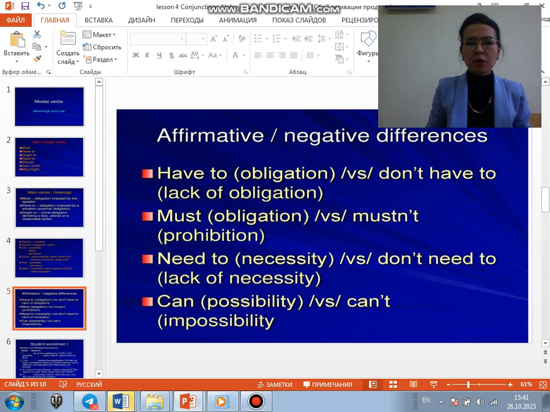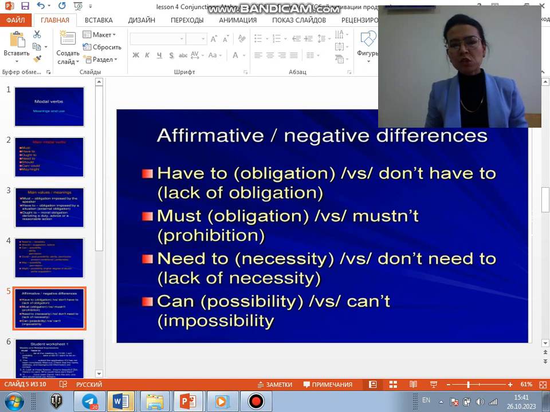You can see the modal verb must. It has an obligation meaning in positive, I mean affirmative, sentences, and a prohibition meaning in negative sentences, for example, mustn't.